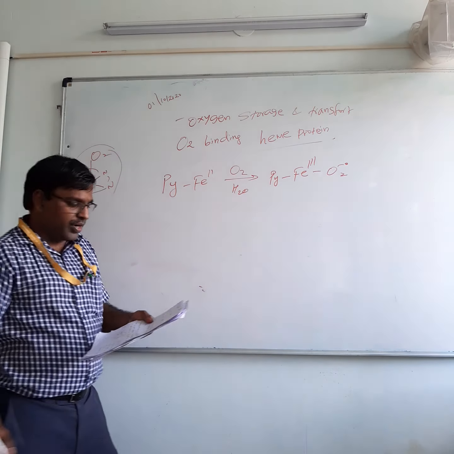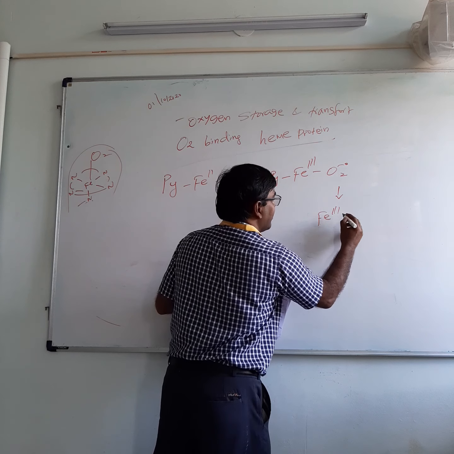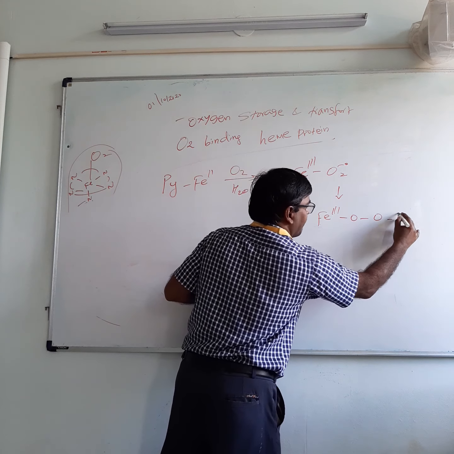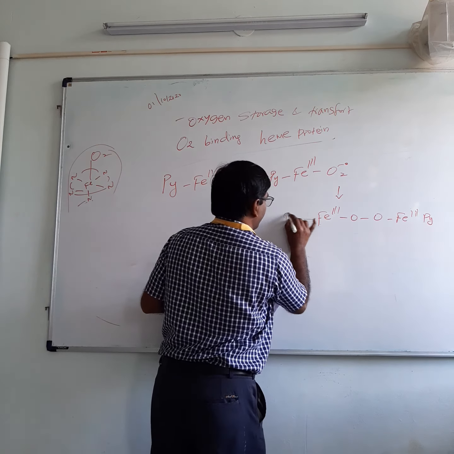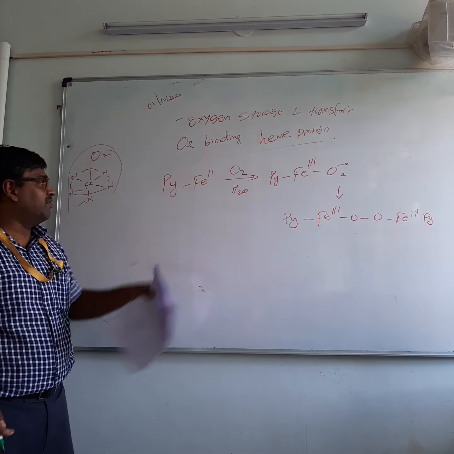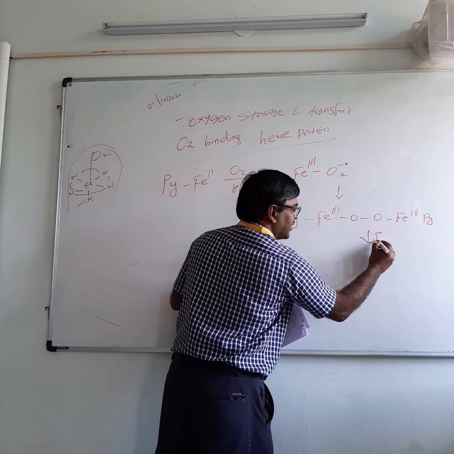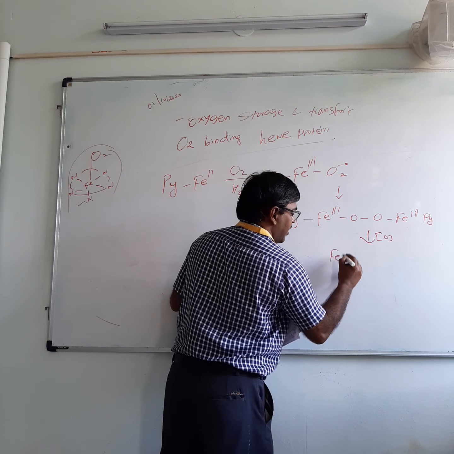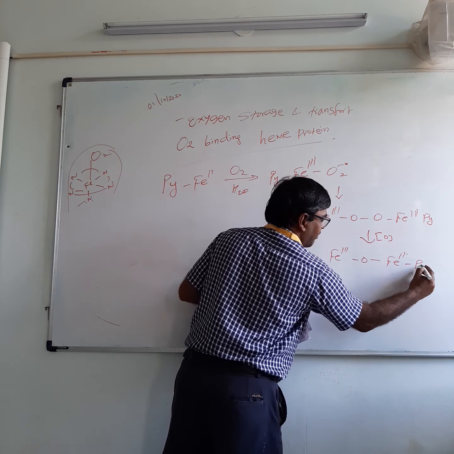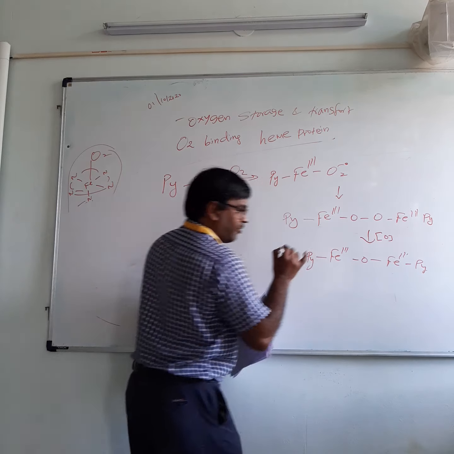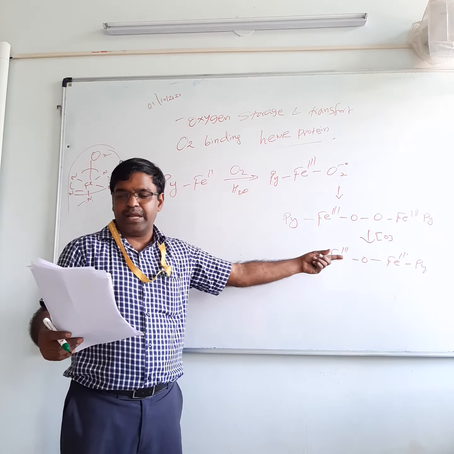This superoxide radical will be dimerized and form the iron 3 peroxo species. Py represents the porphyrin. Then this will decompose and release the oxygen, forming iron 3 dimeric species. This is not an active species. This is nothing but hematin.